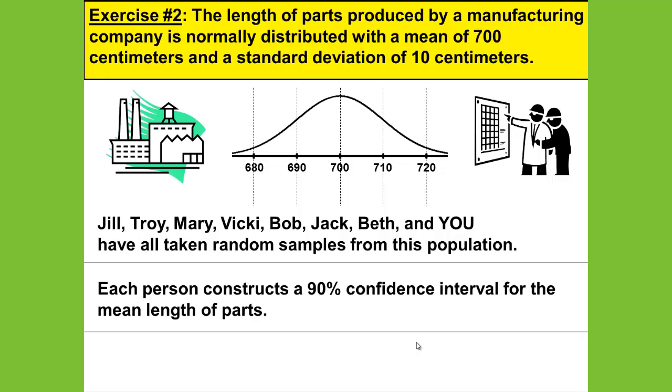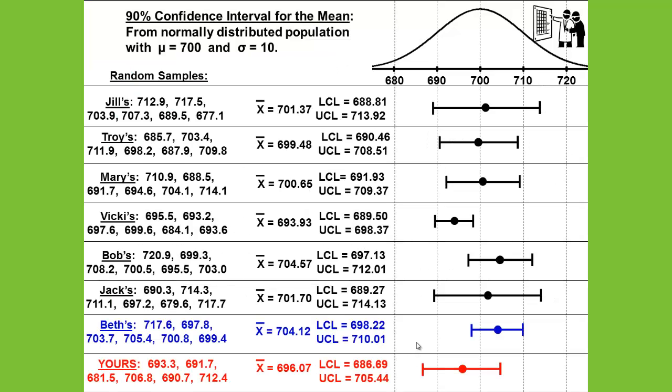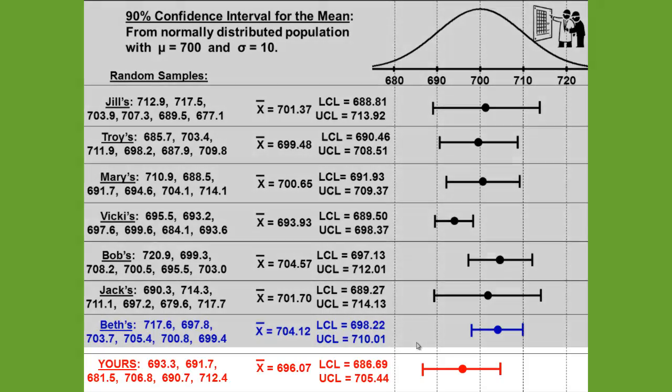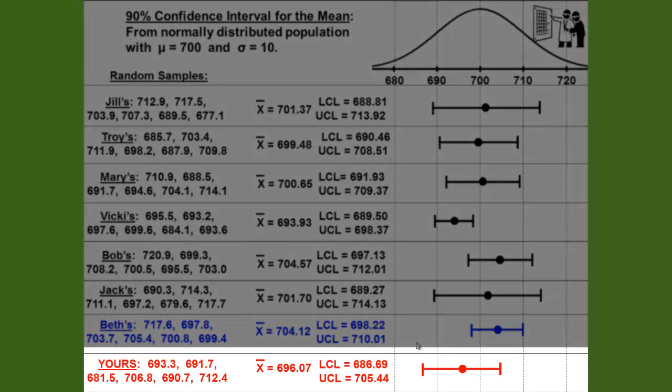And each person constructs a 90% confidence interval for the mean length of parts. And the results are shown on the next slide. So here are the results. Notice if you wish to check your answers, the ones at the bottom of the screen in red are the answers to exercise 1.